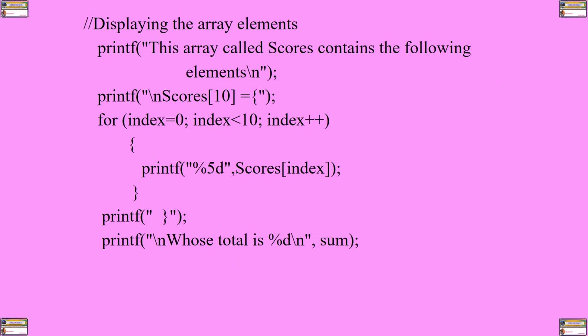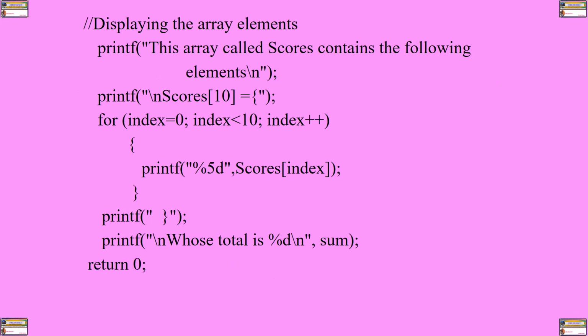So the processor will go to the memory location called sum, read the value in sum, and display it on the screen. Of course, the content of this memory location called sum will be the total of the elements in the array called scores.